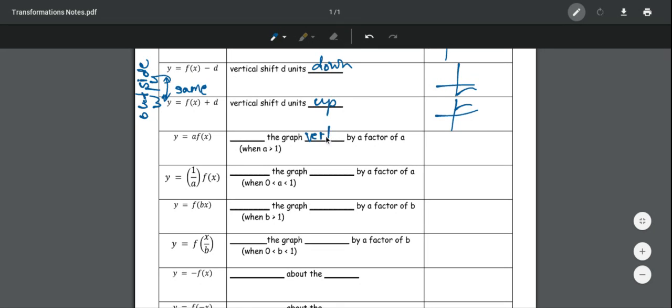So this moves the graph vertically. And if we put a number inside with the x, this changes the graph horizontally.